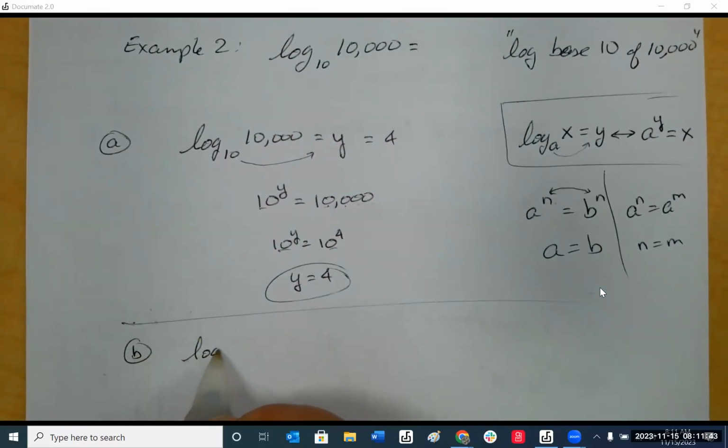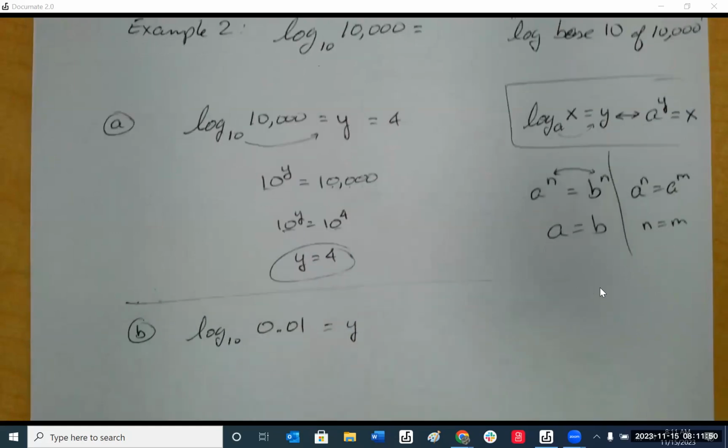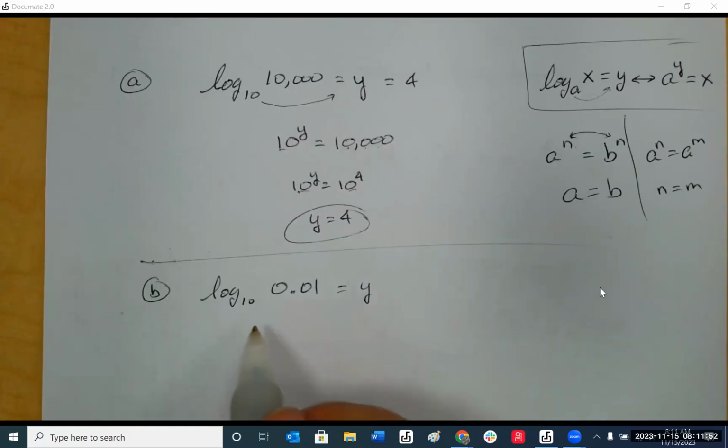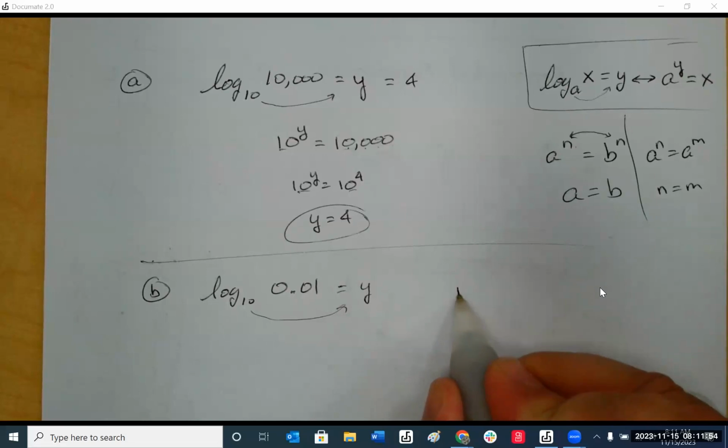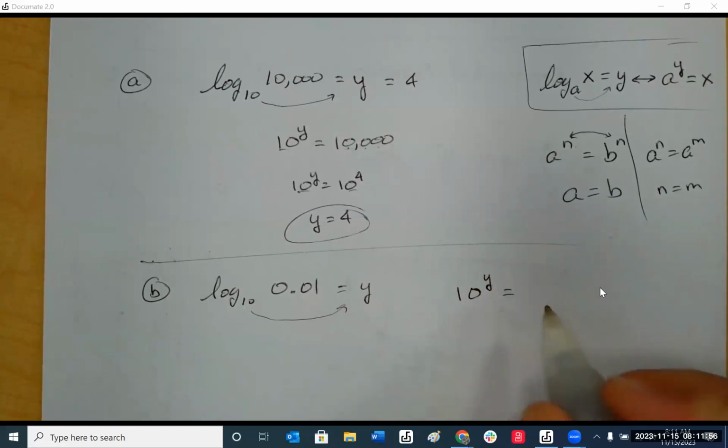Question B says log base 10 of 0.01 equals some number y. The base pushes that up, so it's 10 to the power y equals the number.